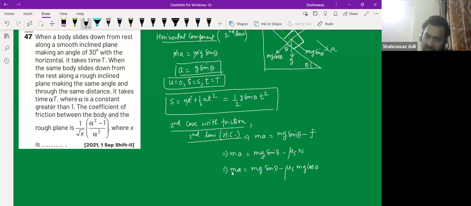So m we can cancel. a is g sin theta minus mu s g cos theta.